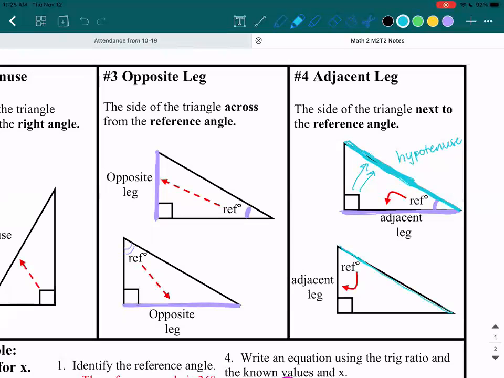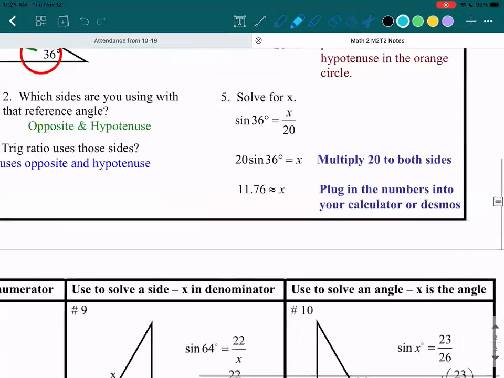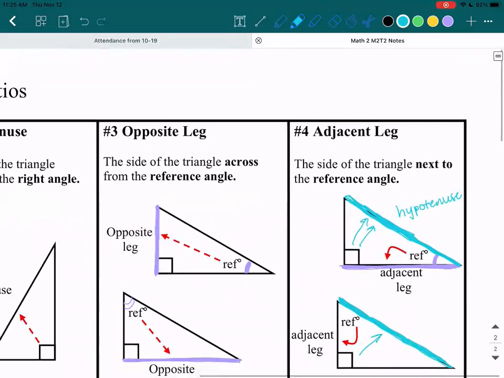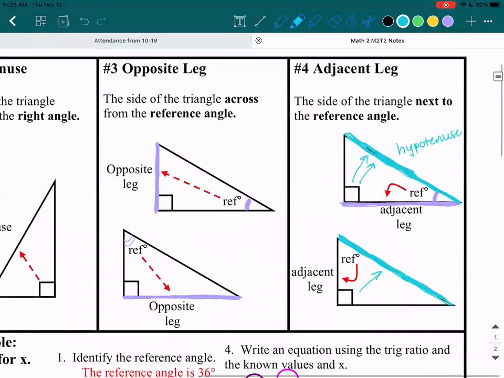We don't even need to consider it for adjacent or opposite. It is what it is. It's not going to change, because it is directly across from the right angle. Sorry, I changed pages by accident. So that blue side is the hypotenuse, usually abbreviated HYP.